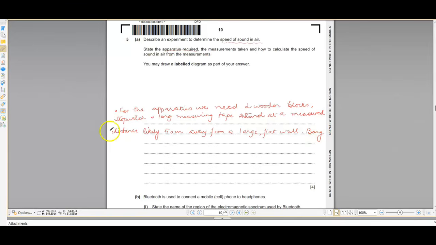Bang the blocks together and listen for the echo.